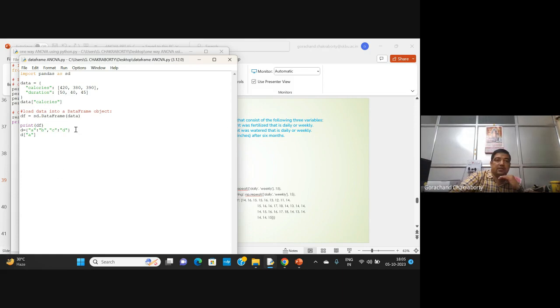So this is one example of a data frame. Suppose you can take 3 data points. You can use a comma, and again you can open another bracket.